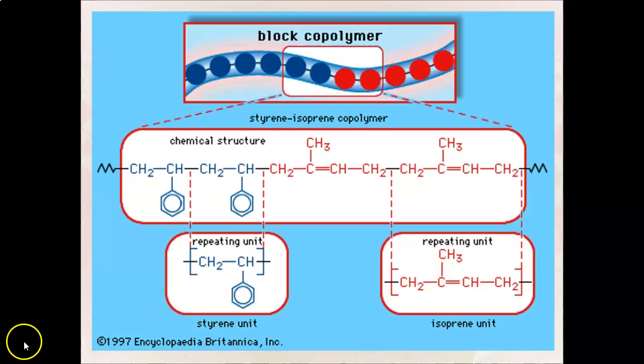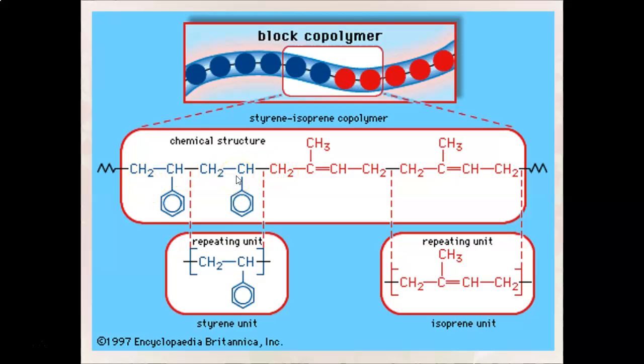Now we proceed with the block copolymer. A block copolymer happens when more than one homopolymer unit is linked together via covalent bonds, resulting in a single-chain macromolecule. We call it a block copolymer. The intermediate unit at which the two homopolymer chains are linked is called a junction block.